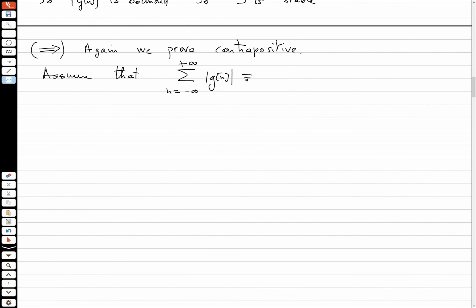Diverges, meaning in this case it diverges if and only if it's plus infinity. Okay? Since we are adding positive numbers, when it diverges, it's automatically plus infinity. Prove that S is not stable.